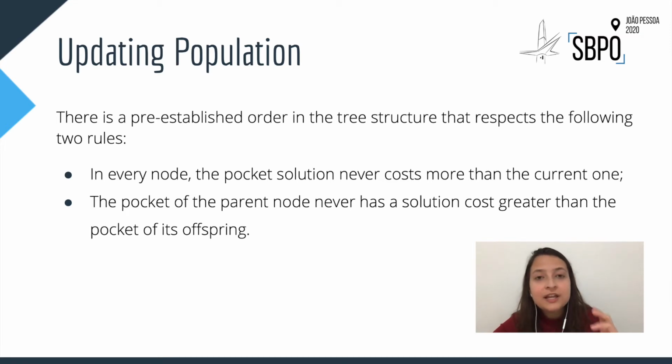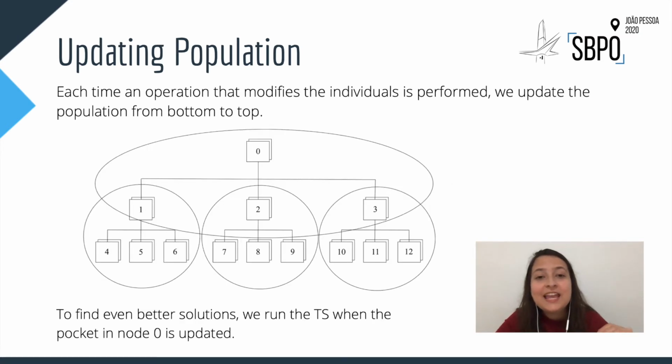In every node, the pocket solution never costs more than the current one, and also the pocket of the parent never has a solution cost greater than the pocket of its offspring. Each time an operation that modifies the individuals is performed, we must update the population from bottom to top. And also, to find even better solutions, when the pocket in node 0 is updated, we run the tabu search.